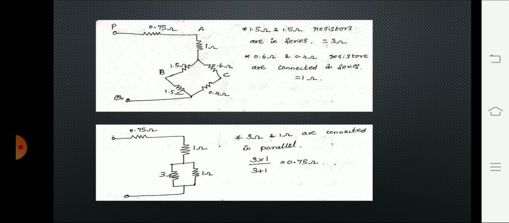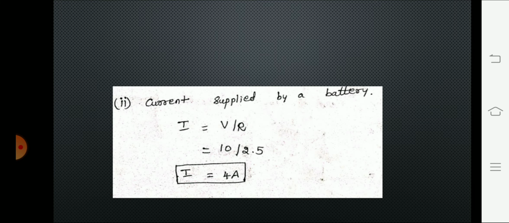Now the 3 ohm and 1 ohm are connected in parallel. We know the parallel formula R1 R2 divided by R1 plus R2. We get the answer 0.75. Now the current supplied by the battery, I is equal to V by R.